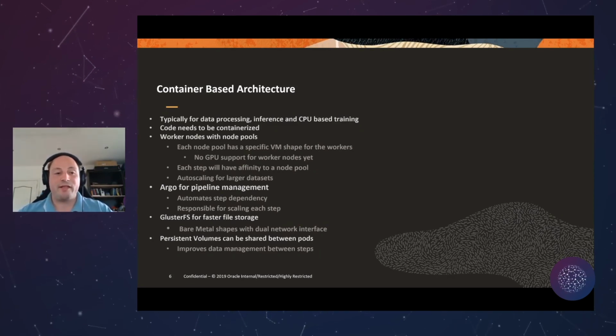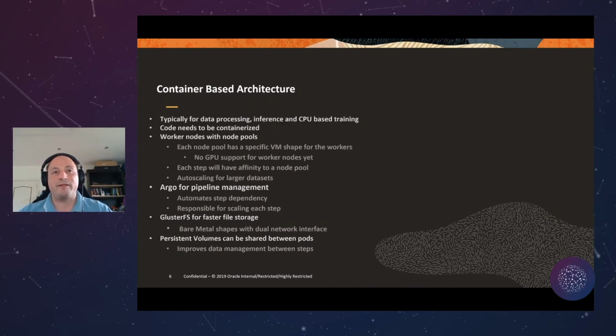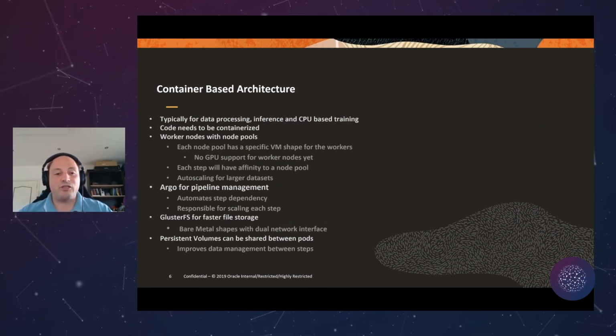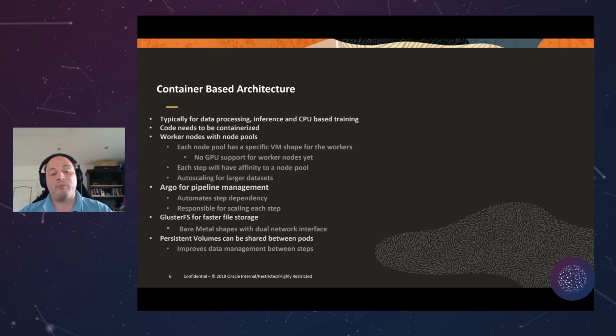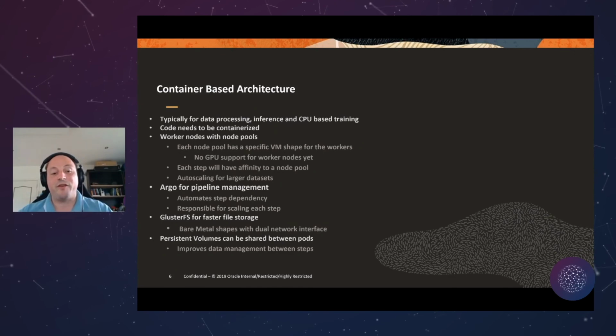And the reason for this is that on Oracle Cloud Infrastructure, bare metal shapes have two physical network interfaces. And that is really important to provide that performance, because the internal communication between the Cluster FS nodes happens on one specific network interface, and the communication to the outside world happens on a completely different network interface.